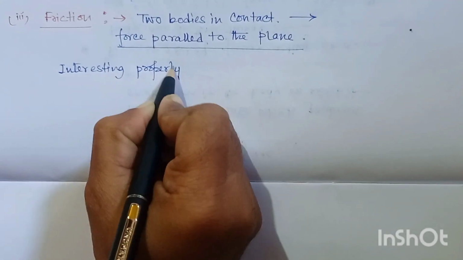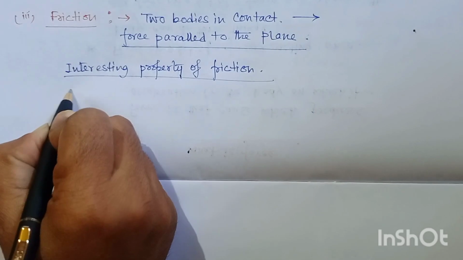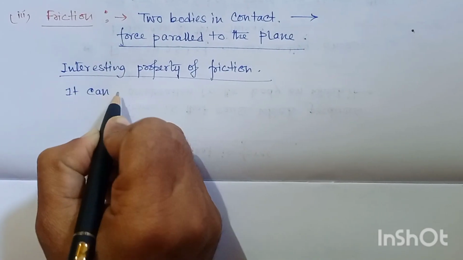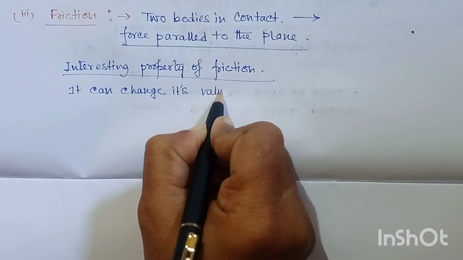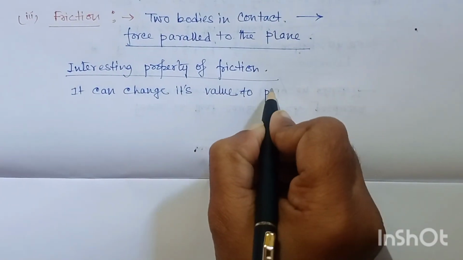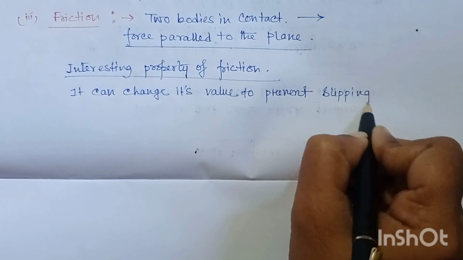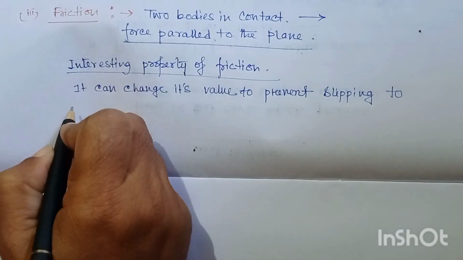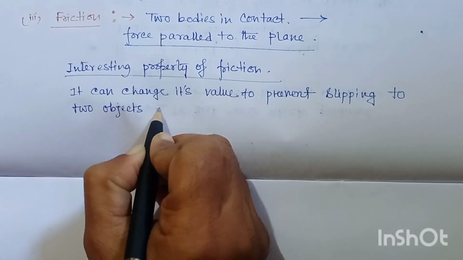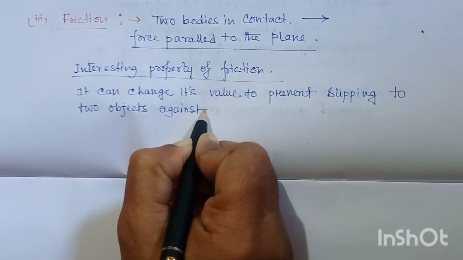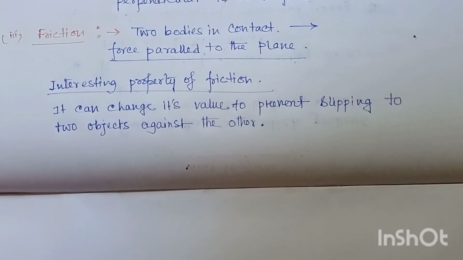This is because the table exerts its force on the book in the direction opposite to your push, and this is called frictional force. One interesting property of friction is that it can change its value to prevent slipping of one object against another. However, it has a limit.